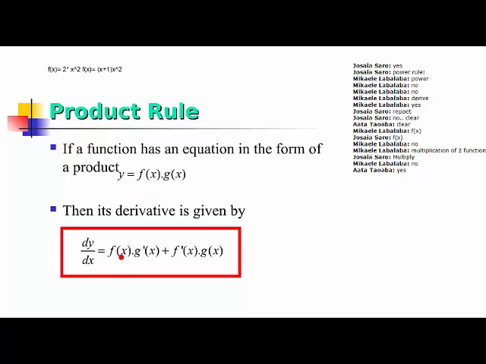So we put f of x as it is and we multiply by the differential of g of x, which is g dash of x, plus now we differentiate f of x, that is f dash of x, and we multiply that by the original g of x. Any problem with that formula? Anything confusing there? It's just that you will differentiate one function and then you multiply that by the original of the other one. Easy, right?